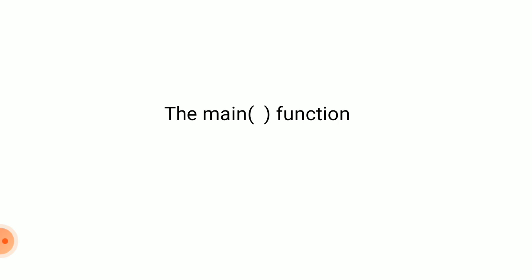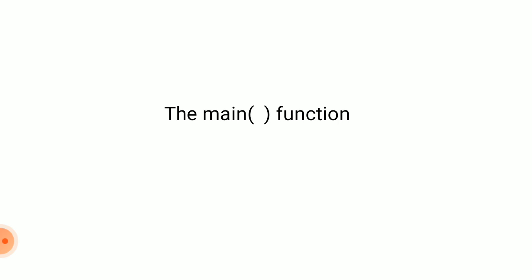Okay, the main function should be written in lower case letters. As we know, C programming is case sensitive. So the main function must be written in lower case, not in upper case, and it should not be terminated by a semicolon.